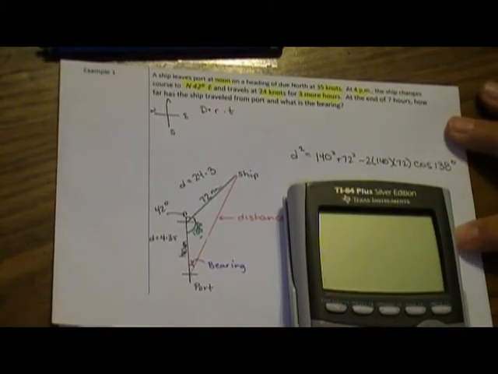Now I just have to solve for d squared. So we're going to pull out our calculators, and I'm going to type that in my calculator: 140 squared plus 72 squared minus 2 times 140 times 72 times the cosine of 138.